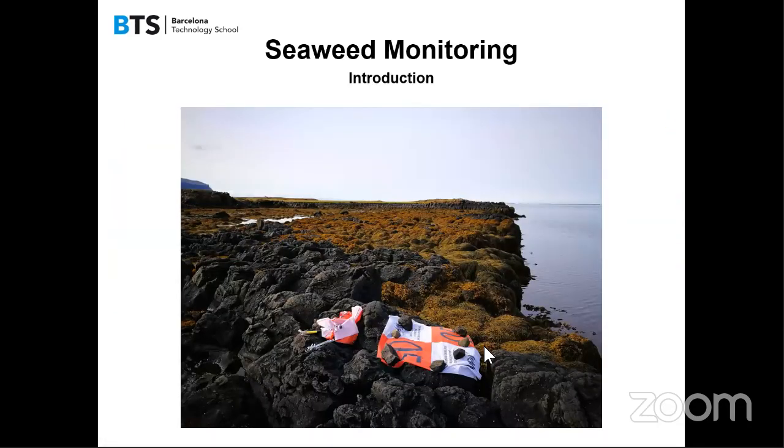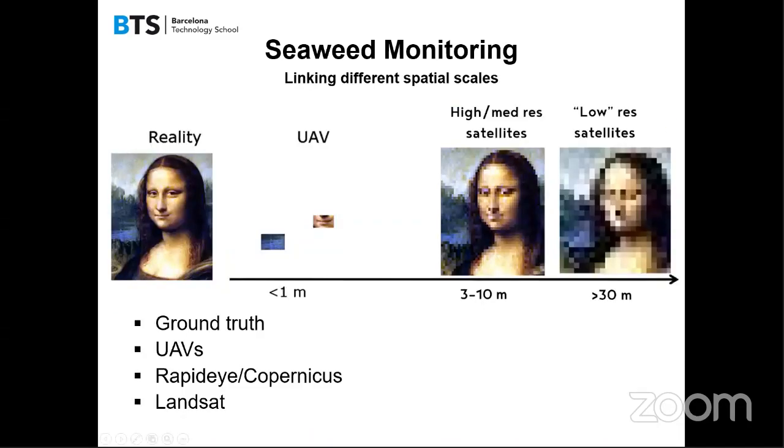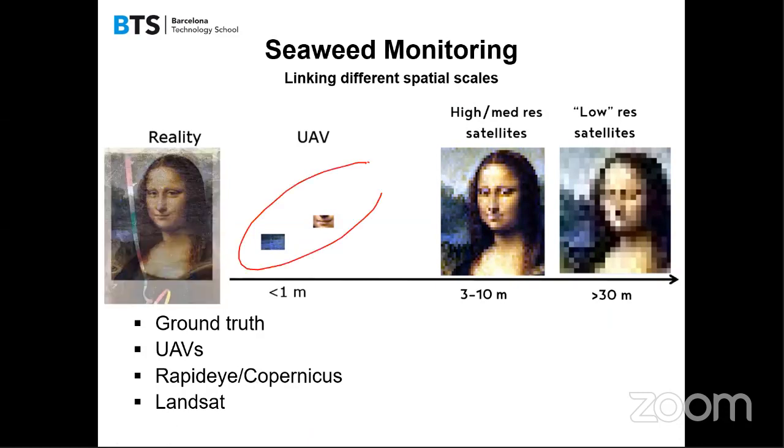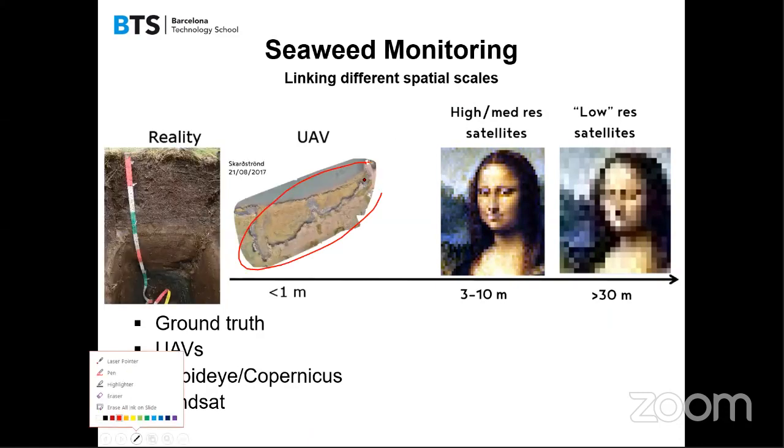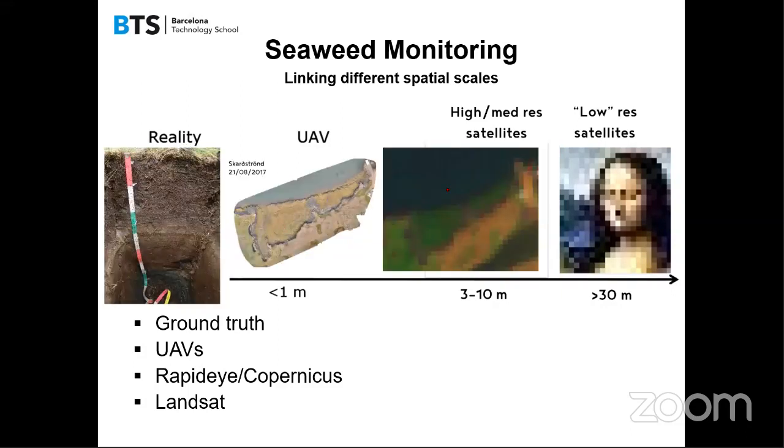So this is the point here, and you can see that the image that was taken from the ground was around this area here. So we wanted to link ground truth from the points, the samplings that the research team will take, looking at the biomass of different parts of the image, and then upscale this to Sentinel.